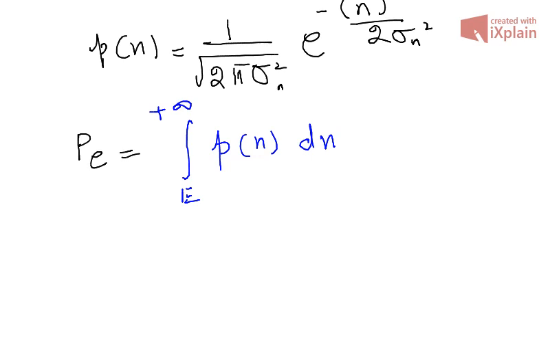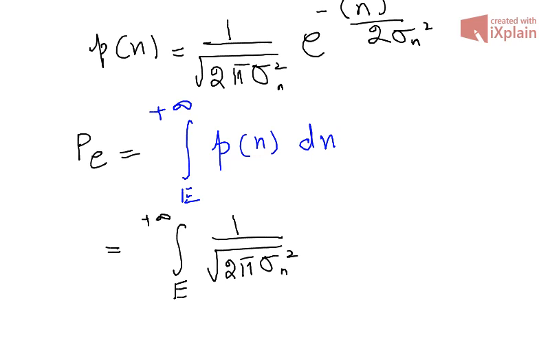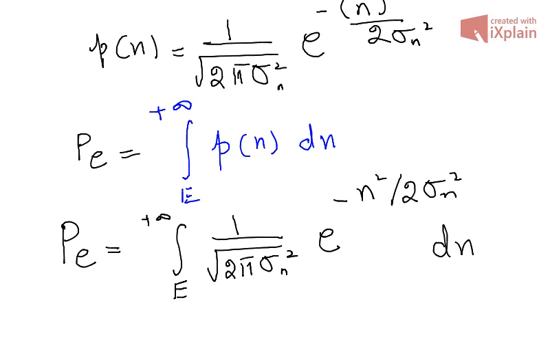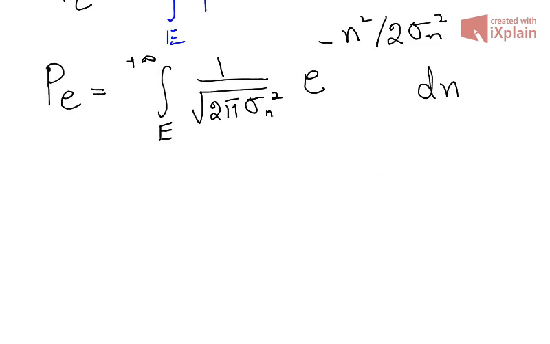Substituting the PDF, it would be the integral from e to plus infinity of 1 over square root of 2 pi sigma square n, e raised to the power minus n square over 2 sigma square n, dn, right? We need to find this integral, which would give us the mathematical expression for the error probability.